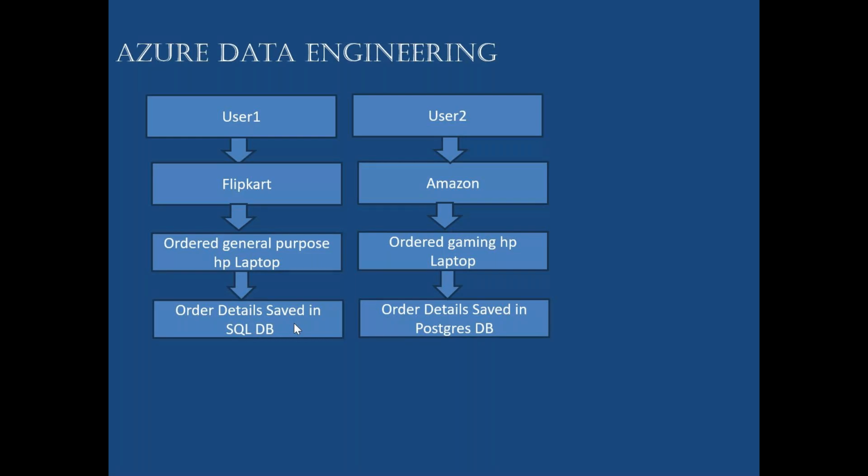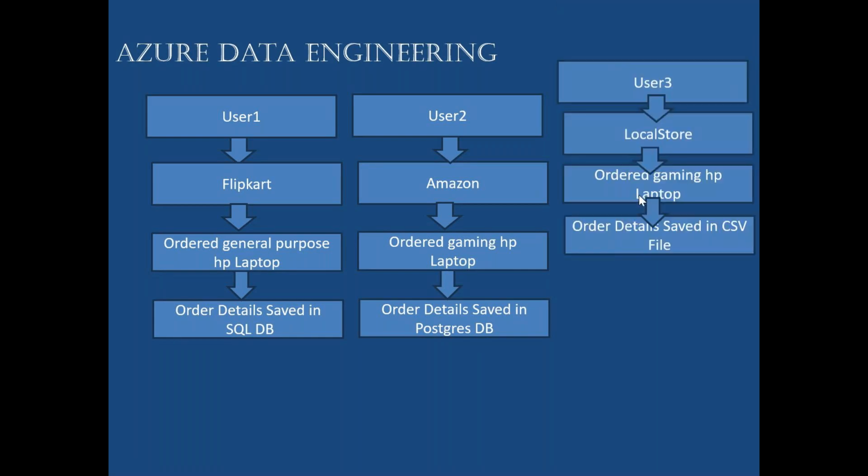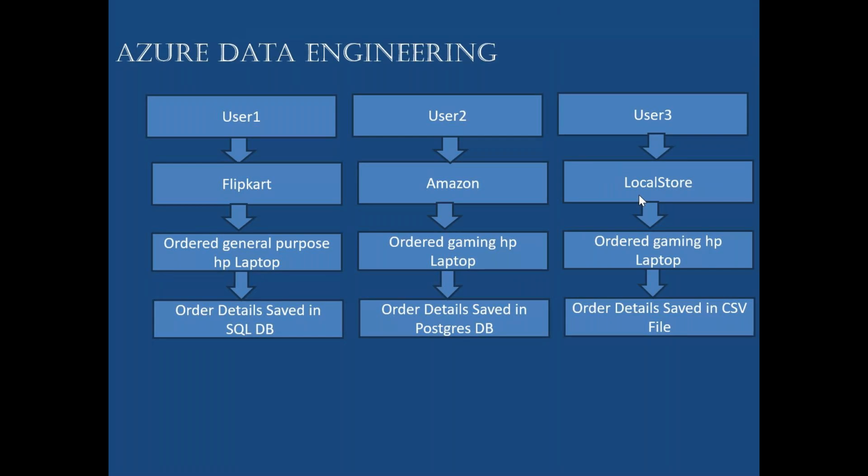Amazon is another retail web application from where you can buy products. Let's say we have multiple people. Consider Anusha is placing the HP laptop order from Flipkart, and Aparna is placing the order from Amazon, right? Bharat is placing the order from the local store. Maybe he is going to the local store and buying from there.